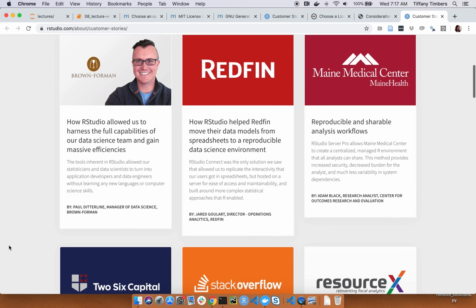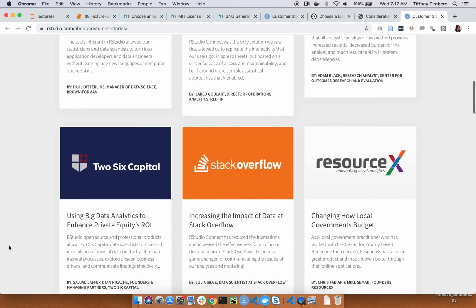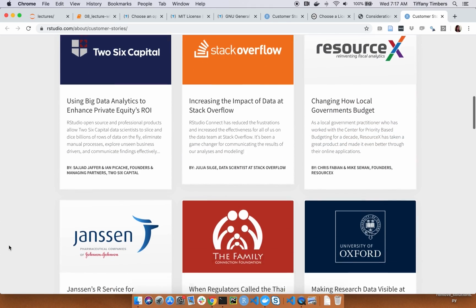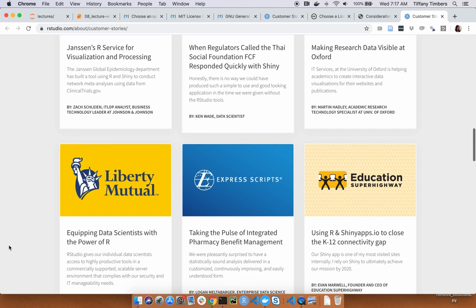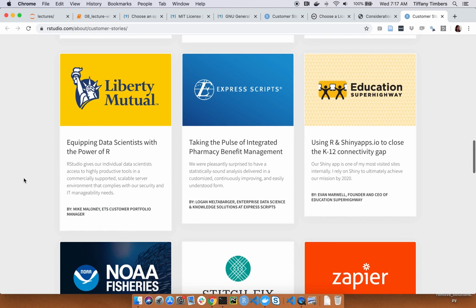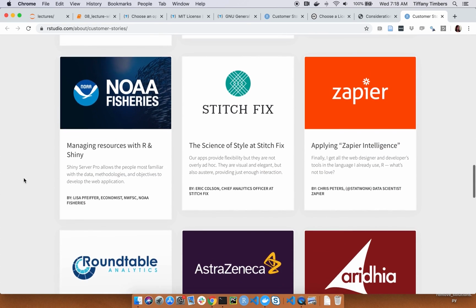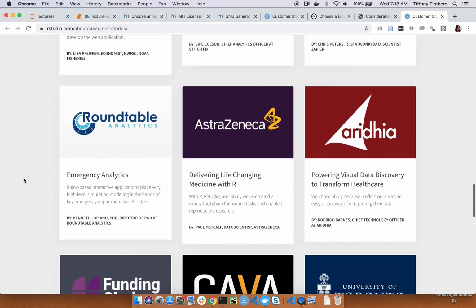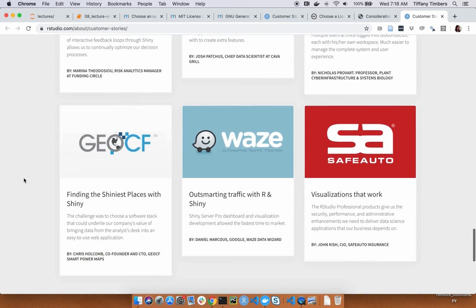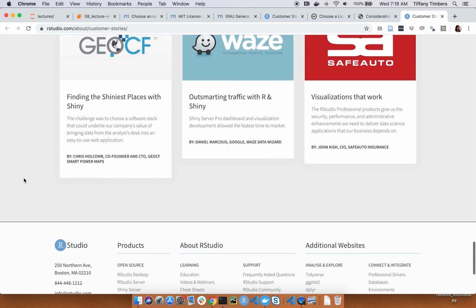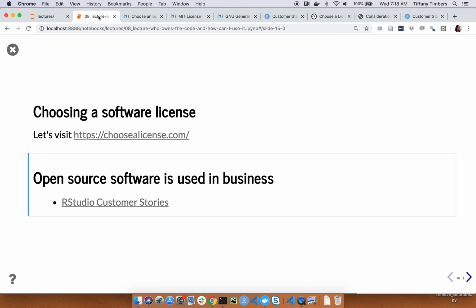All of these organizations, many of which are for profit, do use the R programming language and RStudio in their businesses for various reasons. So I want you to have confidence that, despite R having the GPL license, you are able to use software that uses that license in business.